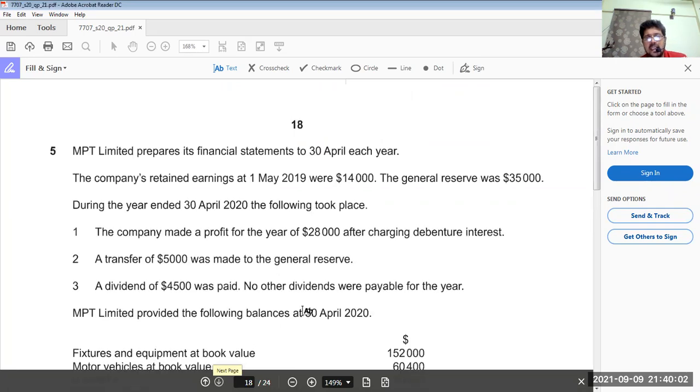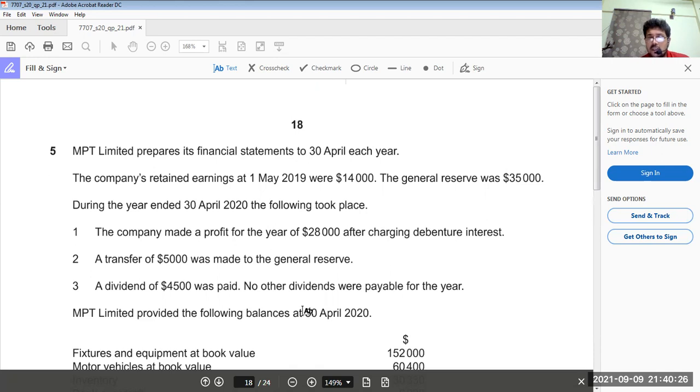Number 5. NPT Limited prepares its financial statements to 30th April each year. The company's retained earnings on 1st May 2019 was $14,000. General reserves were $35,000. During the year ended 30th April 2020, the following took place. The company made a profit for the year of $28,000 after charging debenture interest.